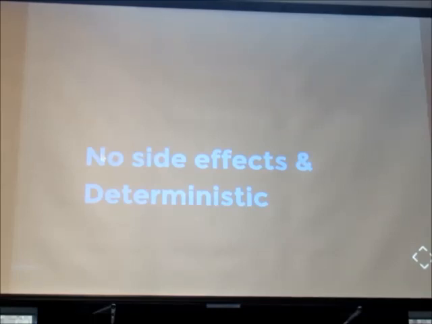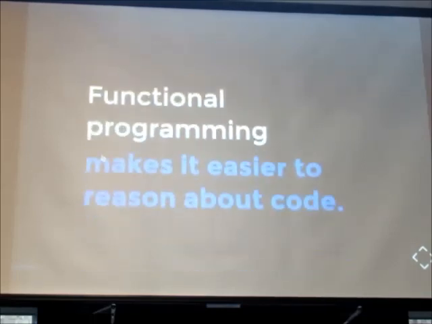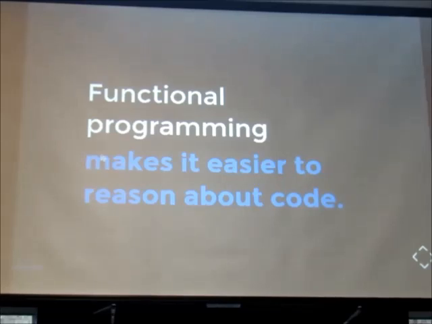This means that it's super predictable. And when you have things that are super predictable and can only do a small number of things, you get code that is easier to reason about, easier to read, and safer and bug-free.